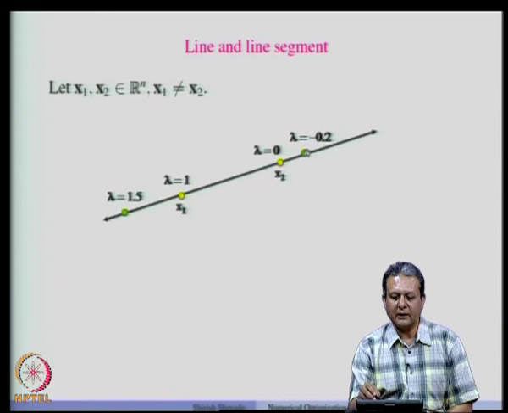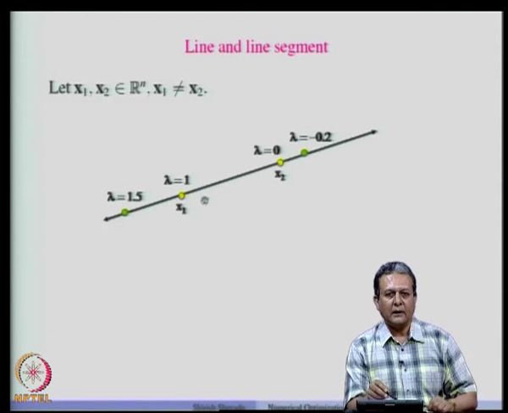Here, for this point lambda is equal to minus 0.2 and it decreases further as we move away from x2 in this direction. If we move away from x1 in this direction, the value of lambda increases. So, any point on the line will have some real lambda associated with that point.